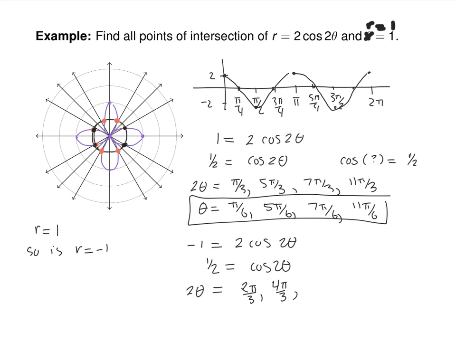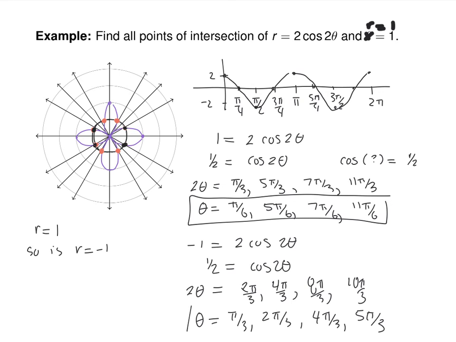So that would be 2 pi thirds plus 2 pi would be 8 pi thirds, and 4 pi thirds plus 2 pi would have been 10 pi thirds. So in that case, you get theta equals pi thirds, 2 pi thirds, 4 pi thirds, and 5 pi thirds.